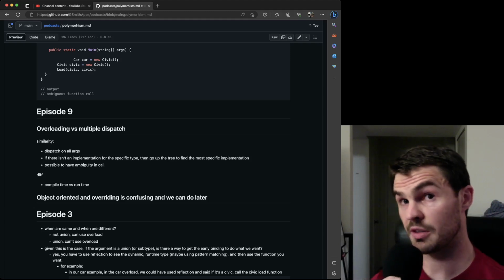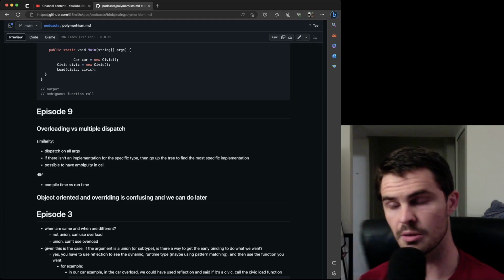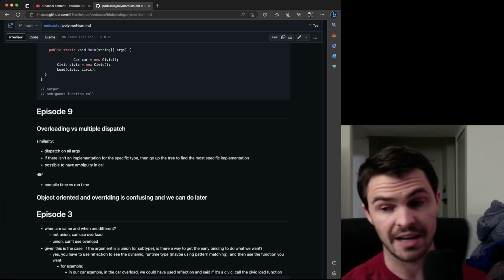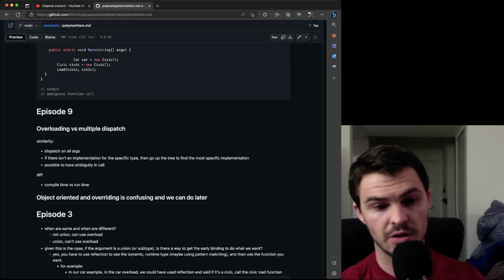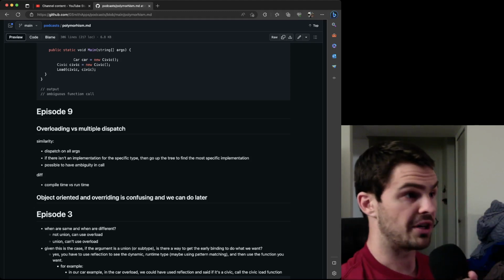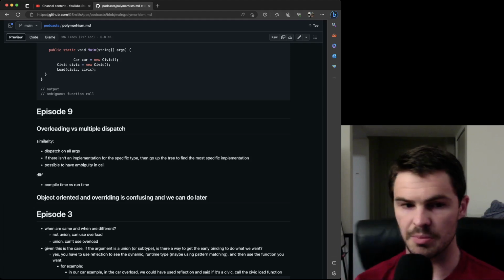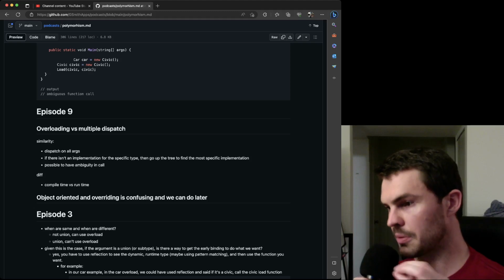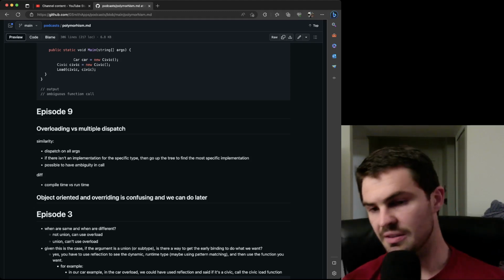A lot of times the compile time type will be a car, the more general superclass, and then the runtime type will know exactly which type of car it is, whether it's a general car or the specific Civic. So if you allow dispatching based on the runtime or actual type, it will know to dispatch the function implemented on the Civic rather than the function implemented on the car. So that's the biggest difference.